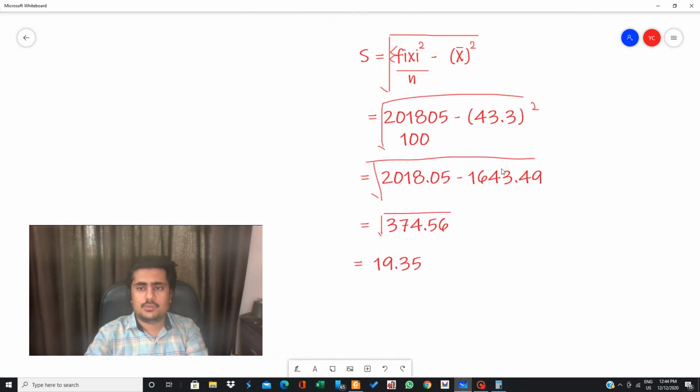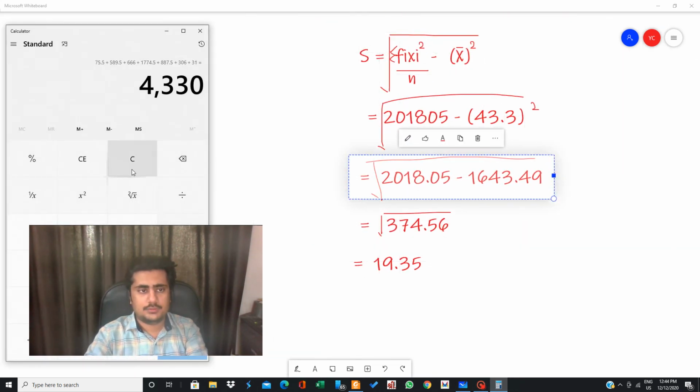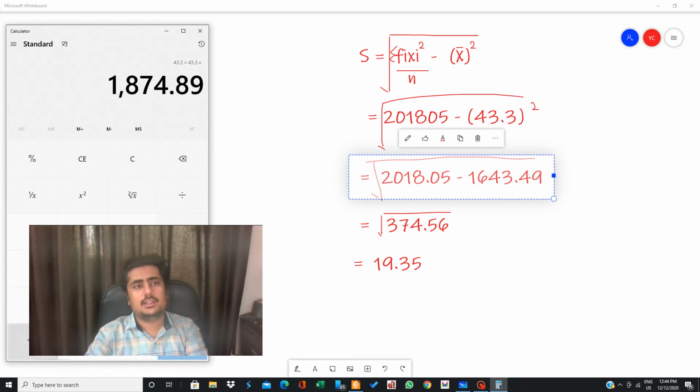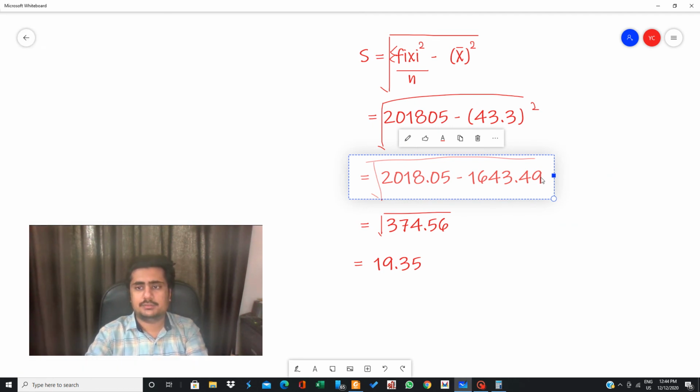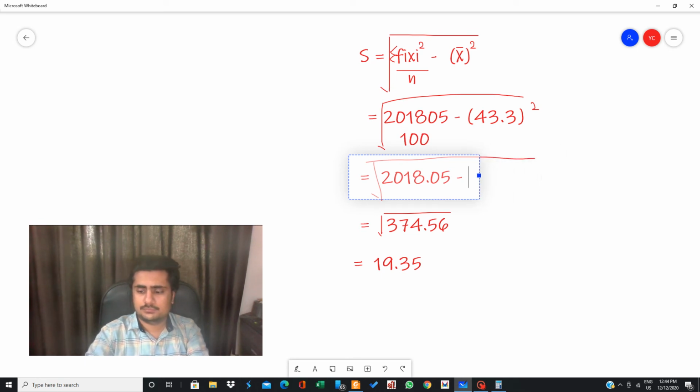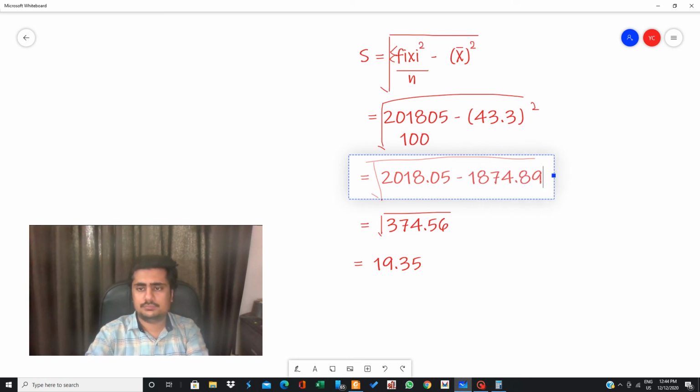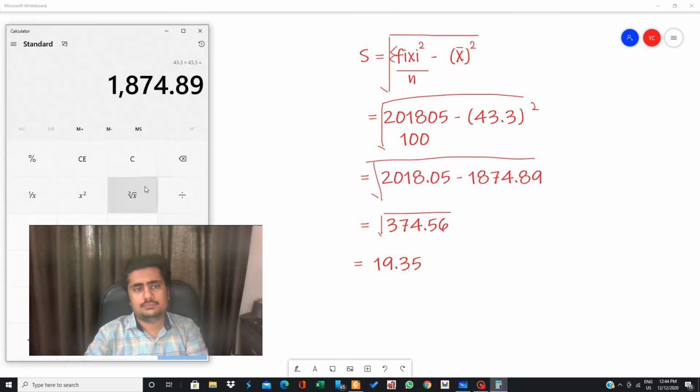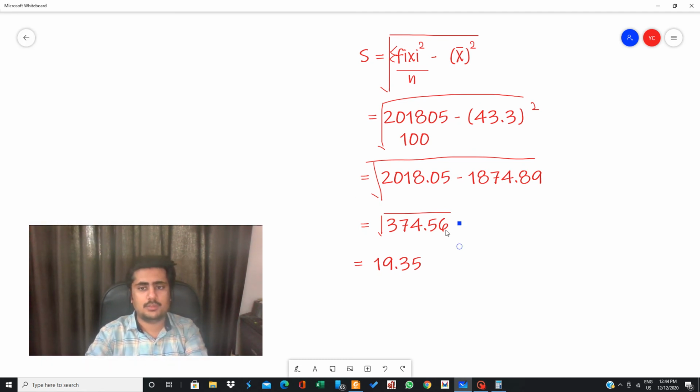So now the square of 43.3 is 1874.89. 2018.05 minus 1874.89 is 143.16.